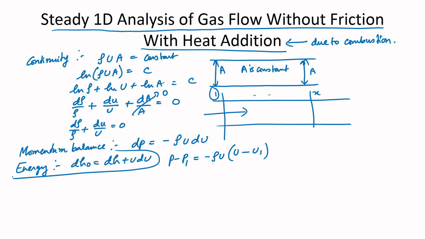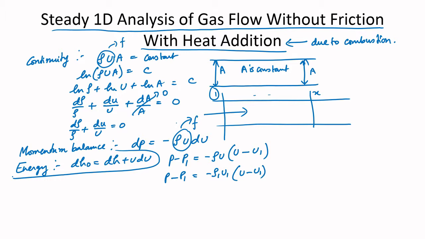Okay. Why can I write like this? Because this quantity rho u is fixed, is equal to a constant. From here itself you see that rho u is fixed. There is a mass flux, because the area is constant, the mass flux is essentially constant. So, I can also write P minus P1 is equal to minus rho 1 u1 times u minus u1.